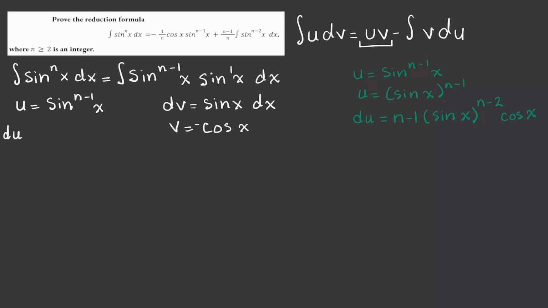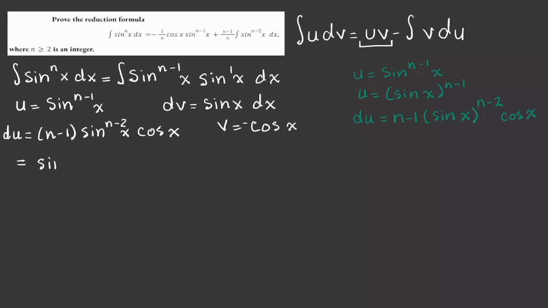So my du is equal to n minus 1 times sine of x to the n minus 2, times cosine of x. Now, putting what I have into the integration by parts, I would be able to obtain u times v.